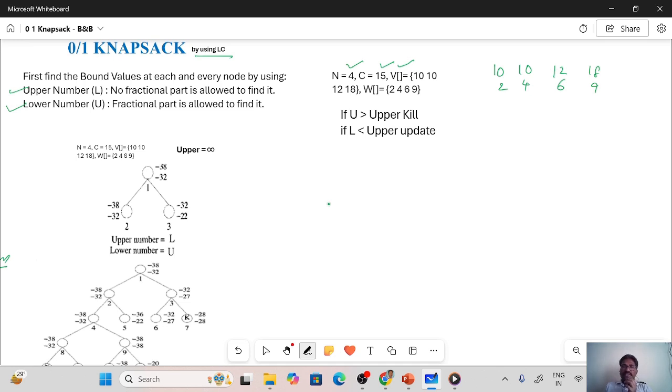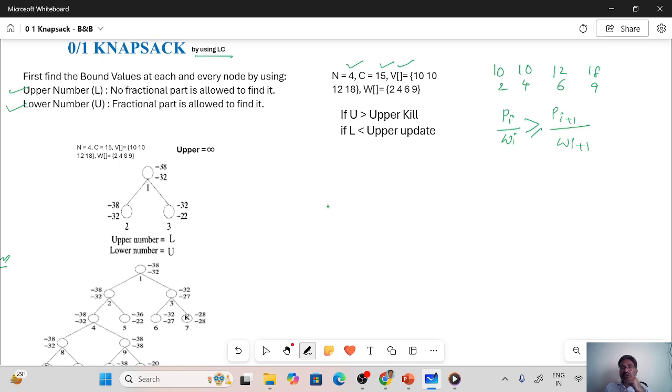We must change the given order of items into one order. The order is P_i by W_i, the profit-weight ratio of the ith item, must be greater than or equal to the next item, profit of i plus 1 by weight of i plus 1. Sir, why do we arrange this? What is the need? If you arrange this, then setting the boundary is easy for us.